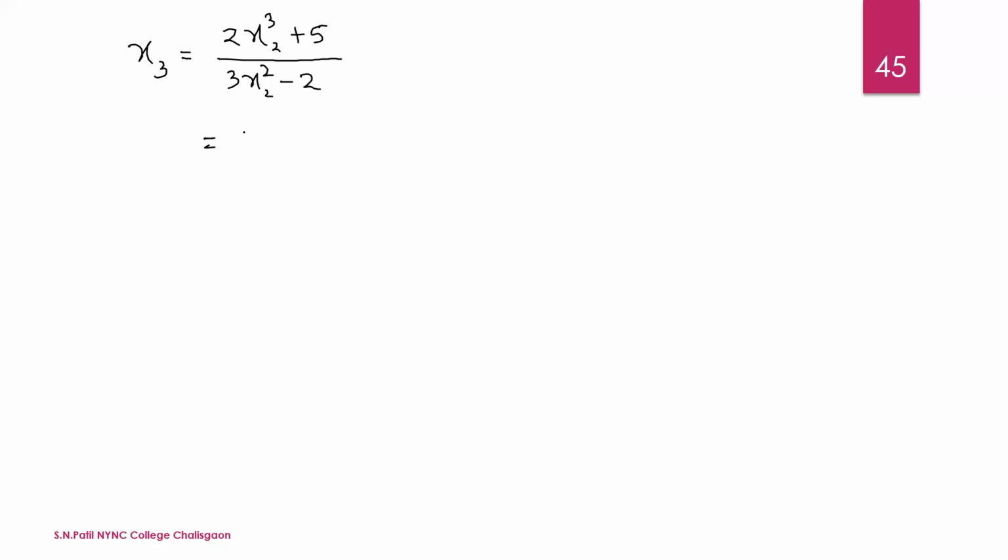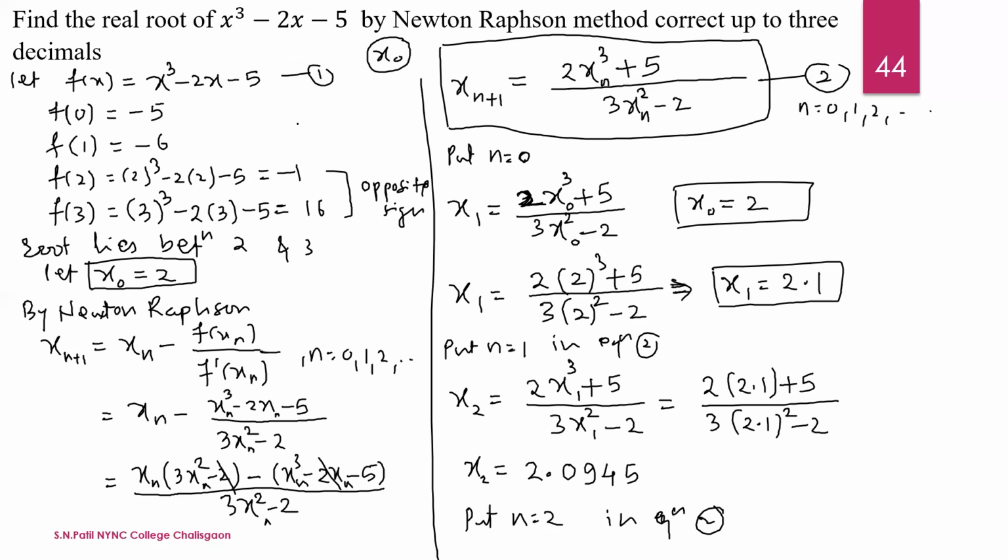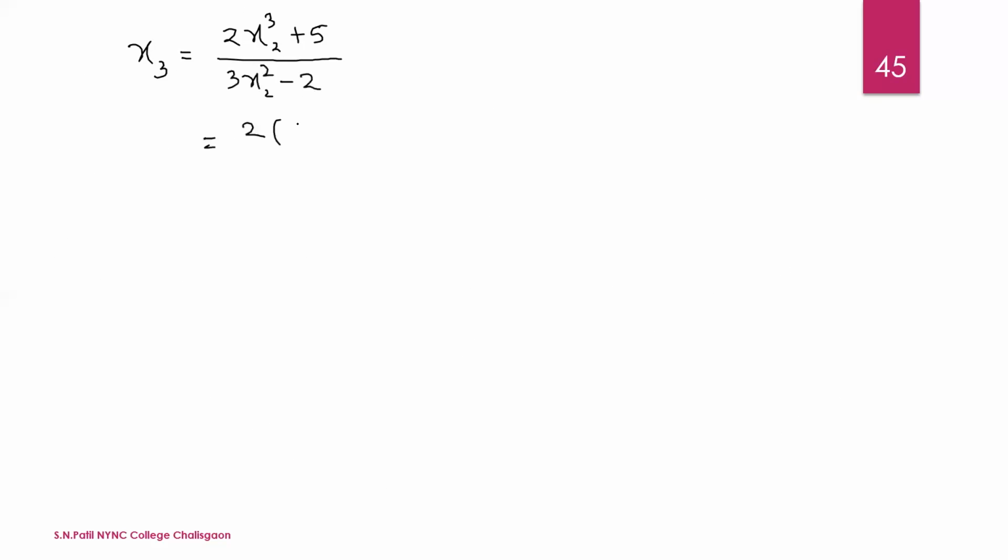Substitute: 2 times 2.0945 cubed plus 5, divided by 3 times 2.0945 squared minus 2.